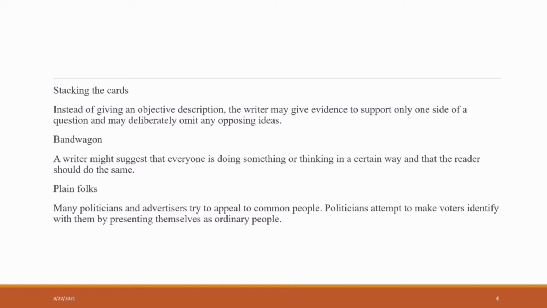A writer might suggest that everyone is doing something or thinking in a certain way and that the reader should do the same. Number 11. Plain folks. Number 12. Many politicians and advertisers try to appeal to common people. Politicians attempt to make voters identify with them by presenting themselves as ordinary people.